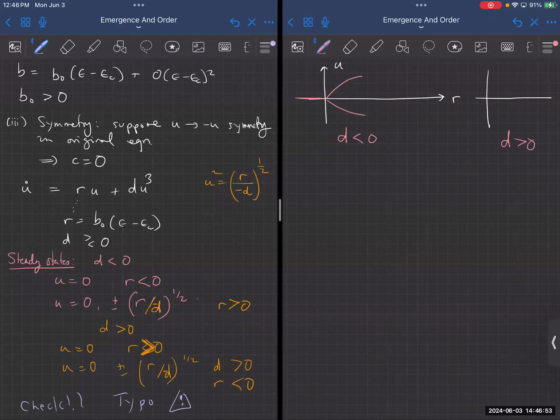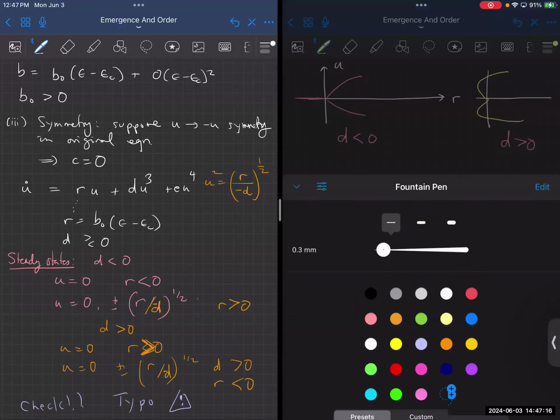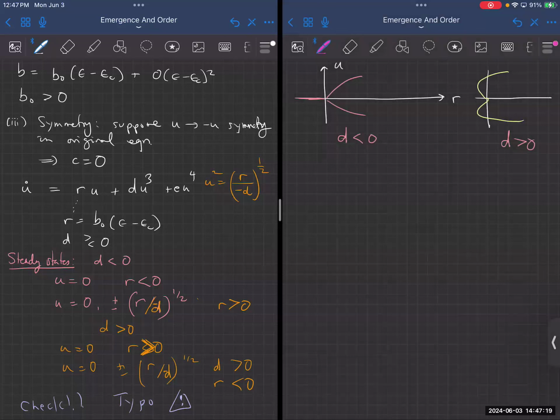When D is greater than 0, I have to have another term in the equation. This is the thing I didn't tell you about. So I need another term here, EU to the 4th. So let me draw for you what it looks like, and I'm not going to spend a huge amount of time going into this. This case is called a supercritical bifurcation.